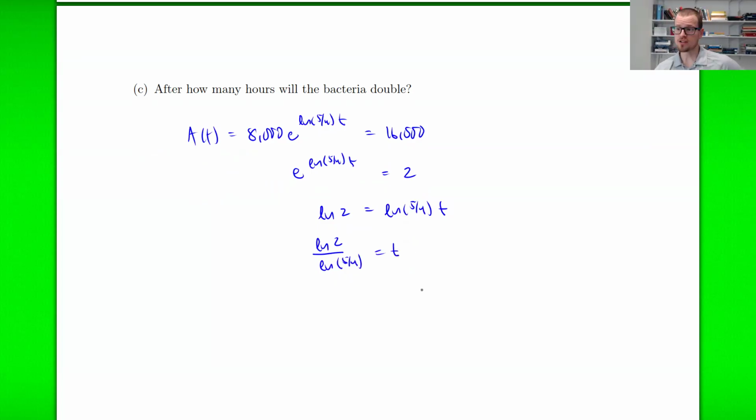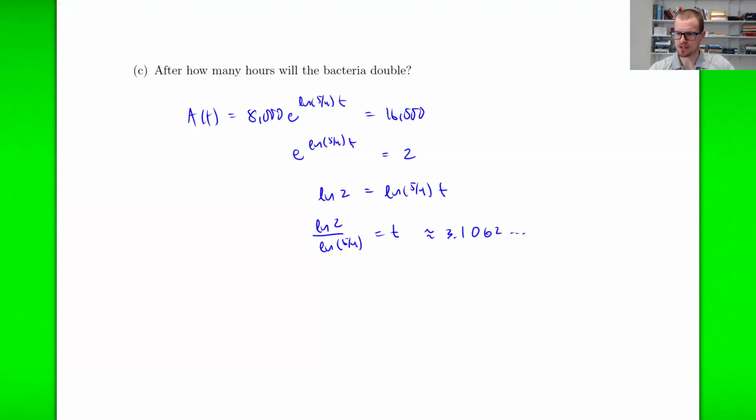I could find an approximation for that, and our approximation would be approximately 3.1062, and it continues on. So the population doubles after approximately 3.1 hours.